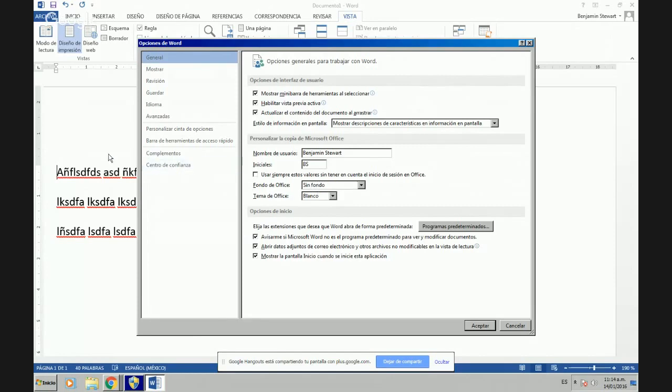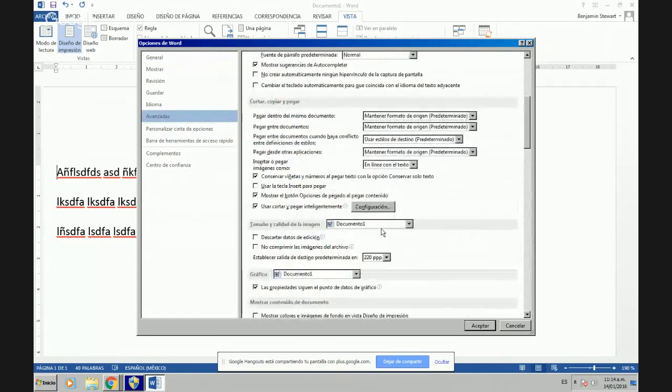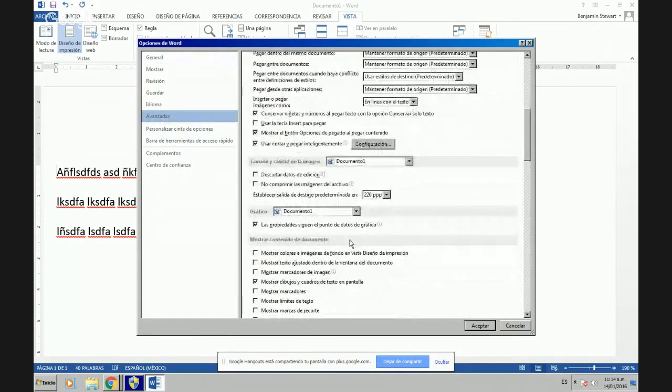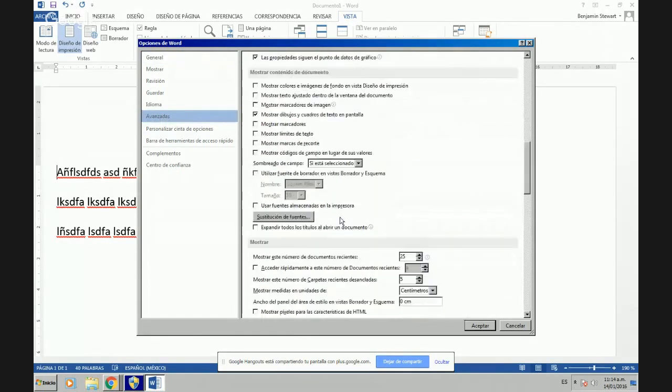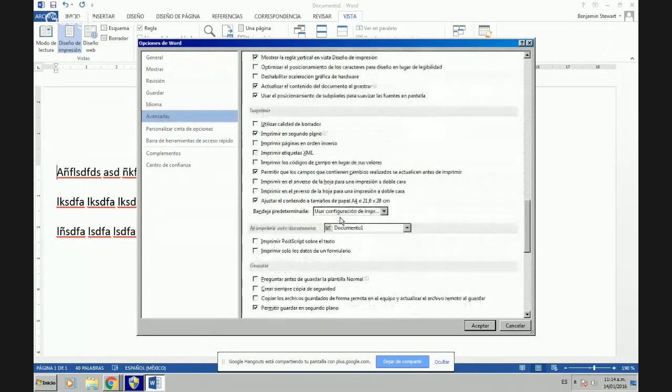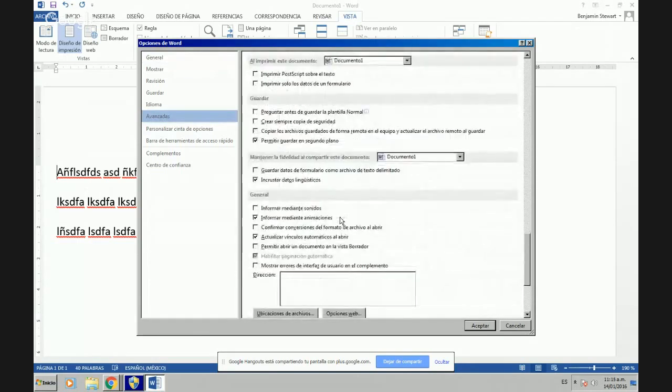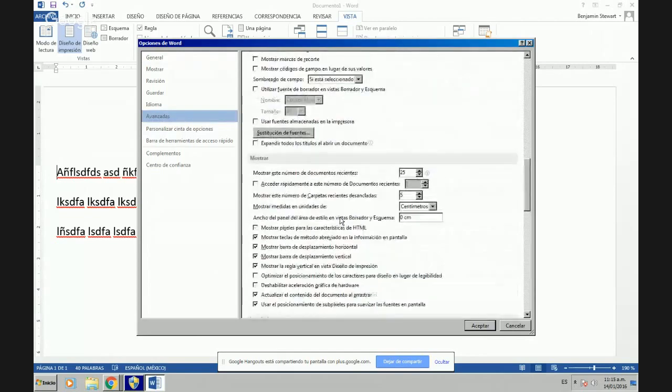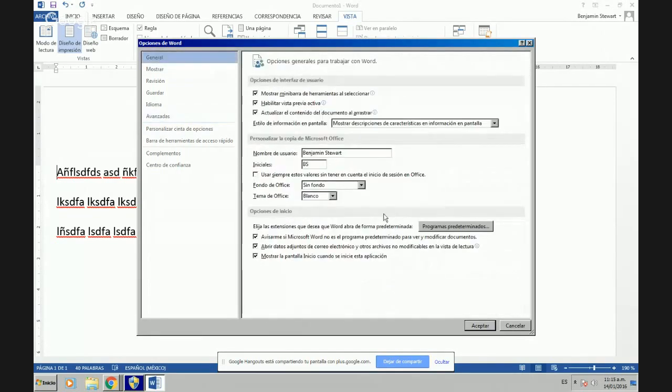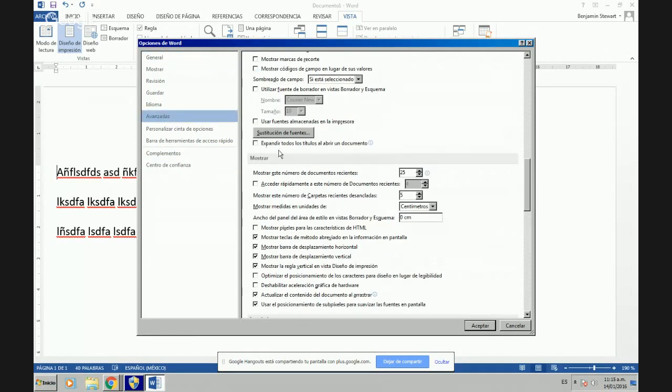Let's see if I can do this really quickly. Where is it? As many times as I've done this, I should remember. Here it is. So we change it from centimeters to inches.